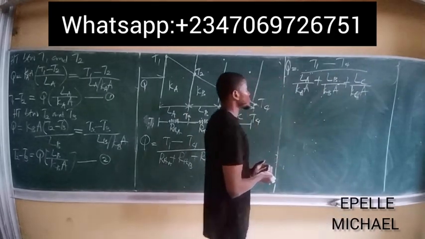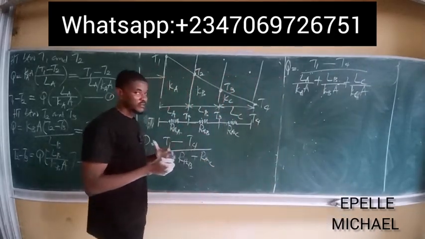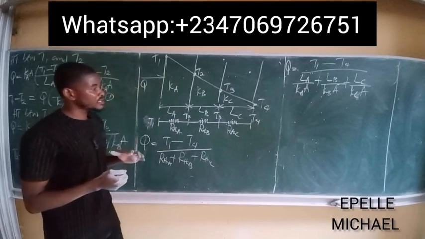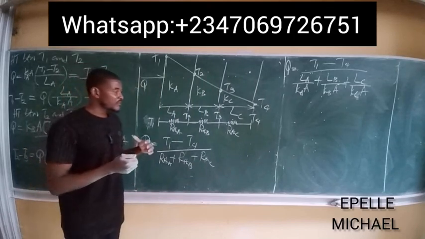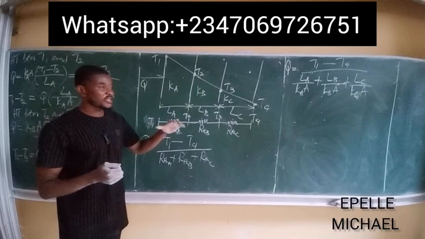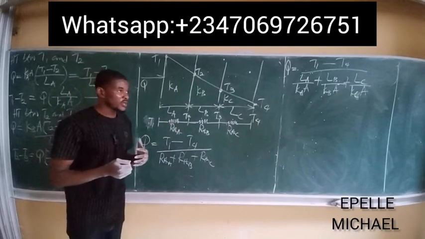So this can also be written as this. That becomes the heat transfer through that particular plane when they are in series. If you have heat transfer between planes in series, that is how you're able to analyze them.